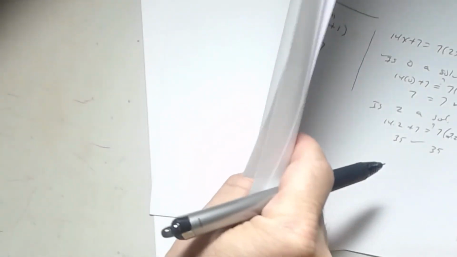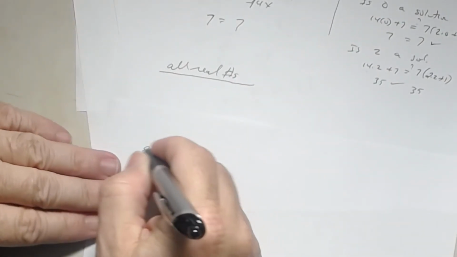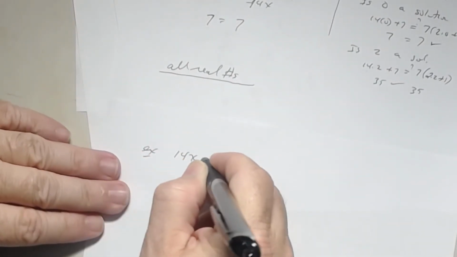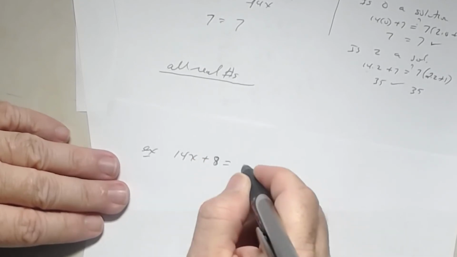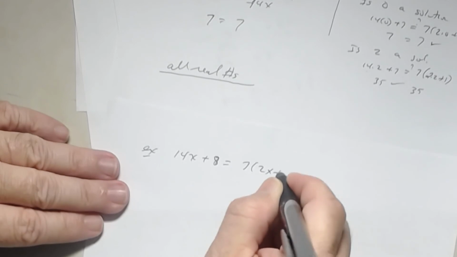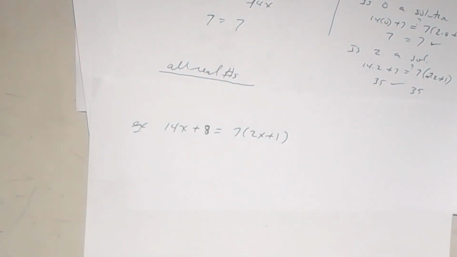Okay. Now, what if you had this? Almost done. Suppose we had 14x plus 7. Let's make this 8. 14x plus 8 equals 7 times 2x plus 1. So 14x plus 8 equals 7 times 2x plus 1.